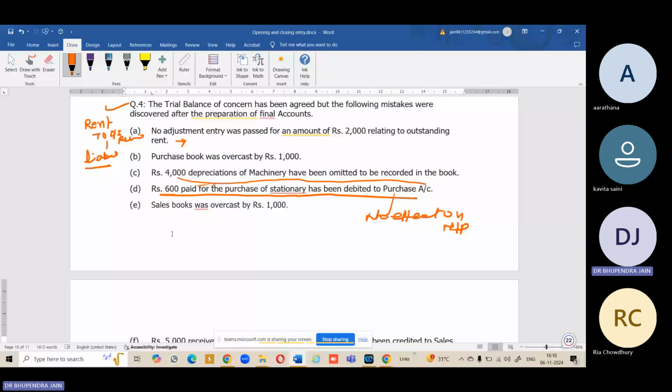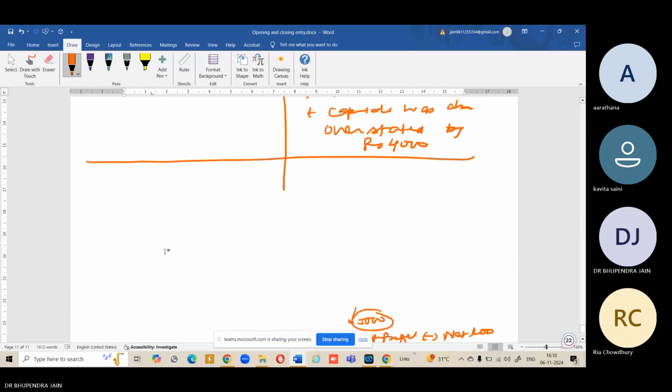We have to enter in the purchase account, but we only entered in the machinery account. So there is no effect in the profit and loss account, or on the balance sheet. What will it be, beta? No effect.